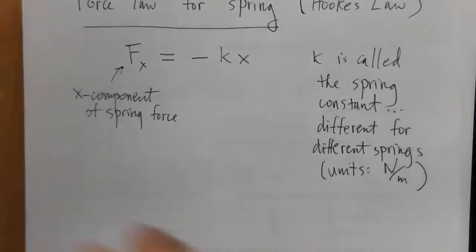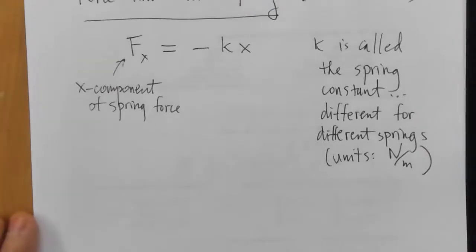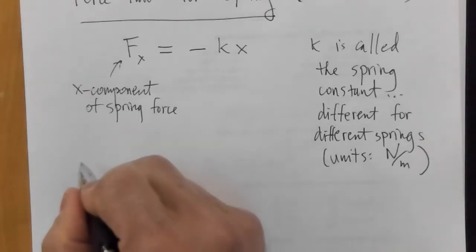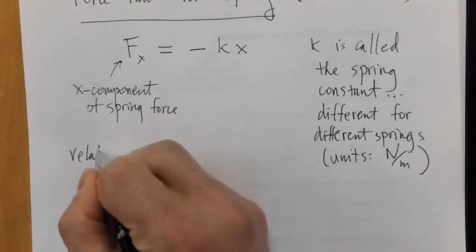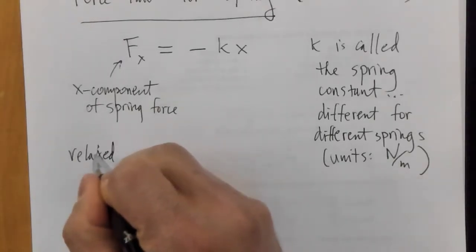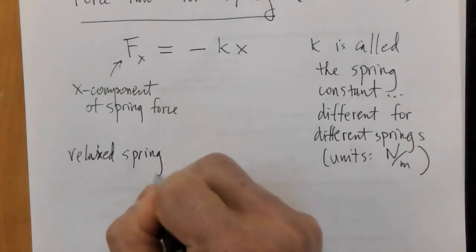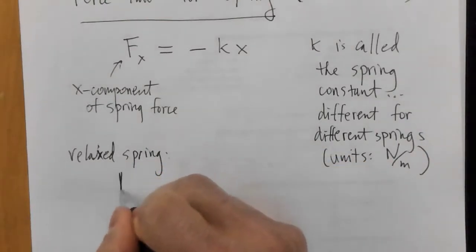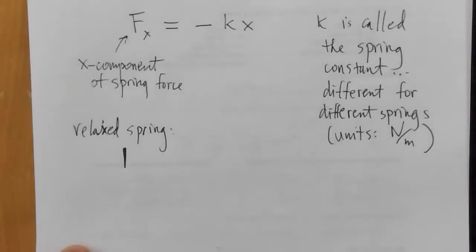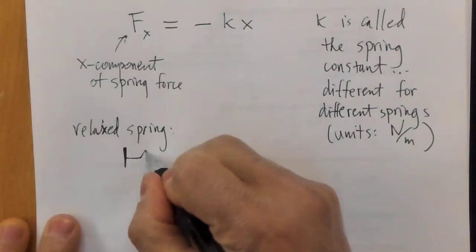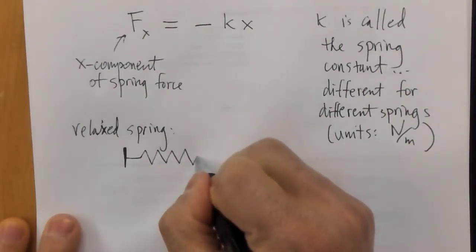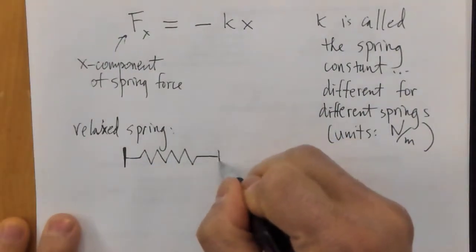Now, in order for this to make some sense, let me draw the picture. I'll show you what a relaxed spring looks like. Here's one side, a wall where the spring is attached. And instead of drawing the big coils, where it will look a little wild, let me just draw the very simple accordion folded version of a spring. Okay.